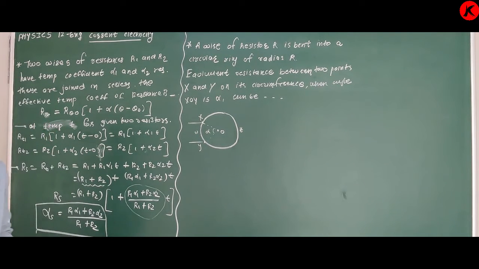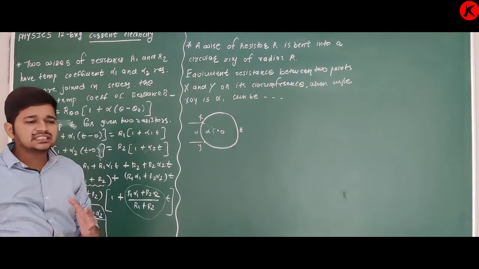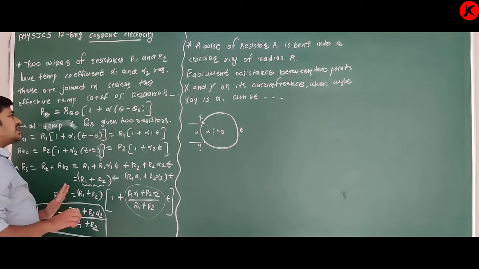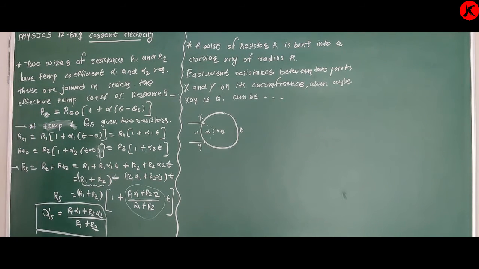Clear about this? To solve some questions you have to assume the reference temperature to be 0 degrees Celsius. In this question it is not given, but you can assume it. Clear?